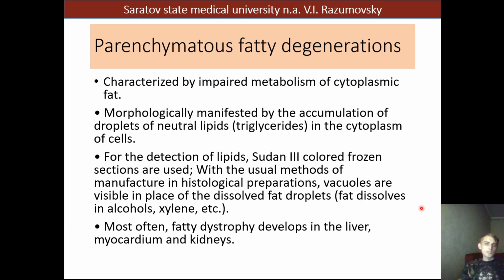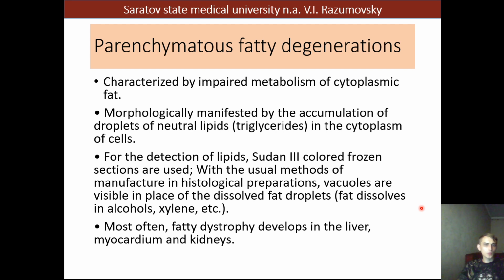Parenchymatous fatty degeneration is characterized by impaired metabolism of cytoplasmic fats, with morphological manifestation by accumulation of droplets of neutral lipids in the cytoplasm of the cell. For detection of lipids, Sudan 3 on frozen sections is used.